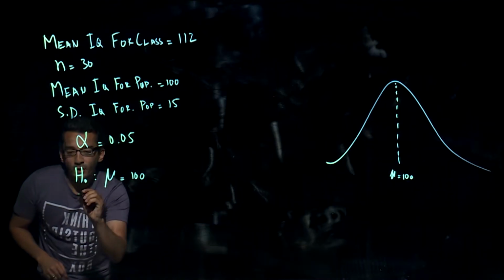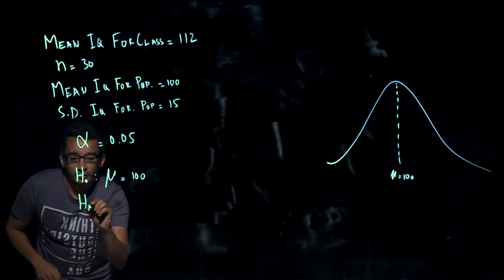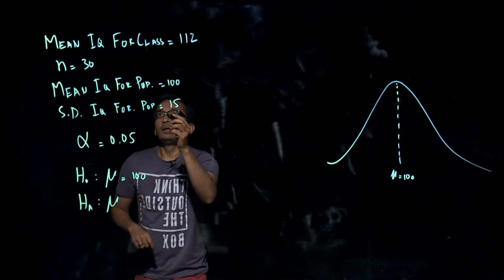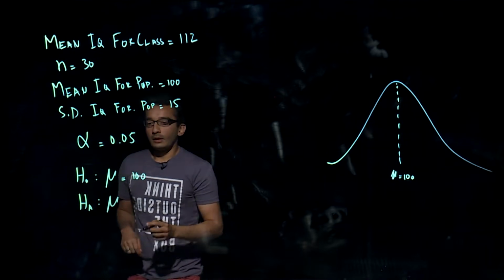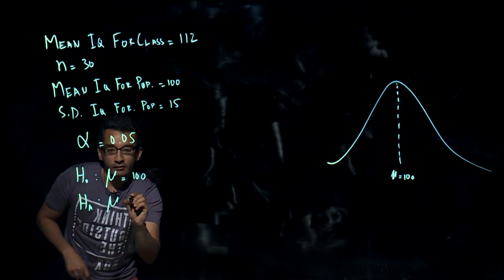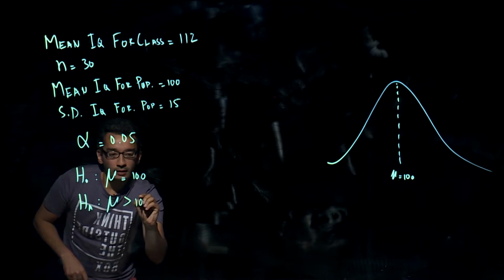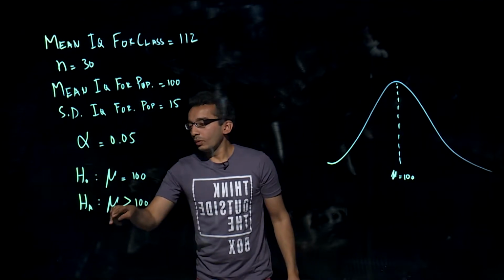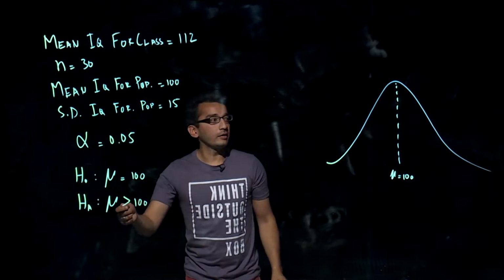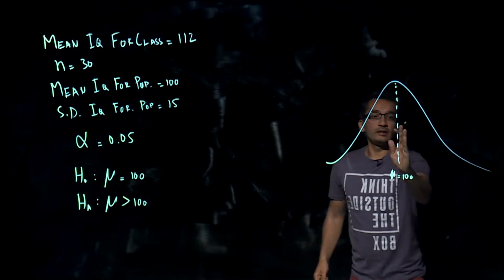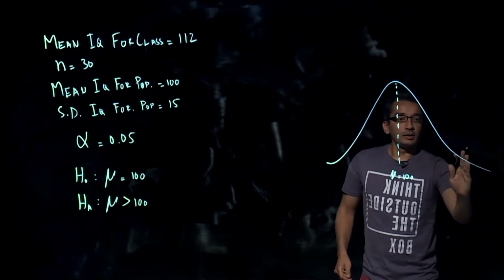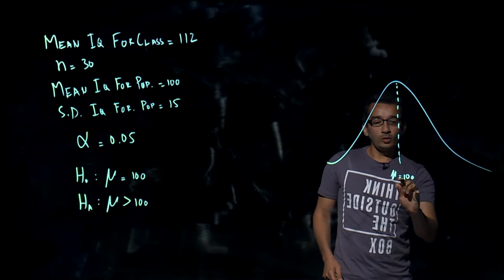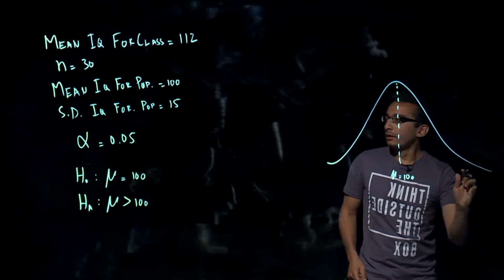The alternative hypothesis in this case would be this claim made by the teacher that the mean IQ in his classroom is actually 112, which is greater than 100. Since this alternative hypothesis is that mu, our population mean, is greater than 100, we are only actually interested in this right-hand side of the distribution, because this is the side of the distribution where mu is actually greater than 100.